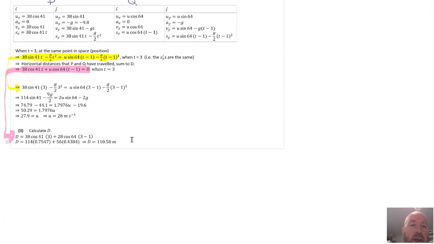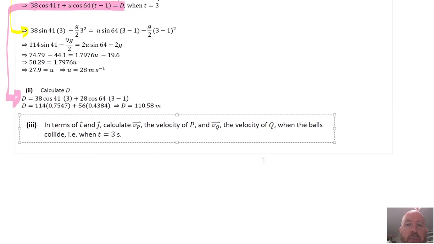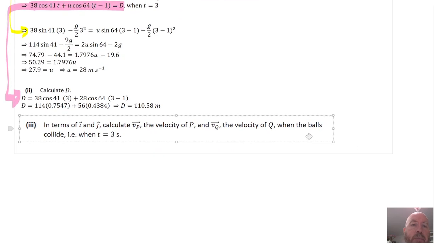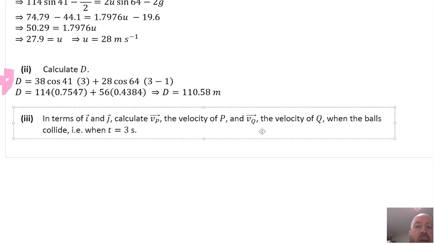Then, okay, so we've got vector language coming on, so let's see what they say here. In terms of i and j, calculate Vp and Vq, the velocity of P and velocity of Q when the balls collide, i.e. when t equals 3.